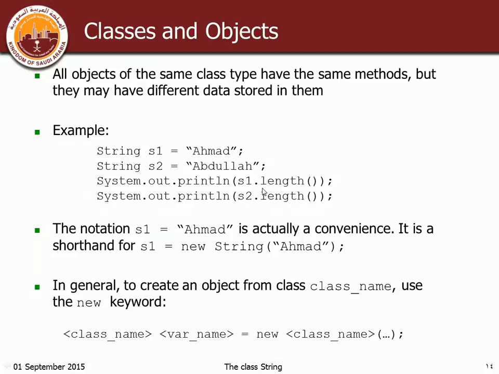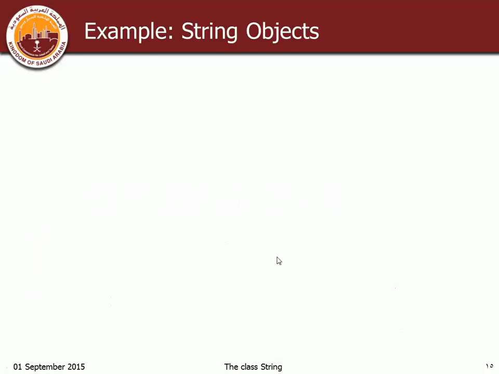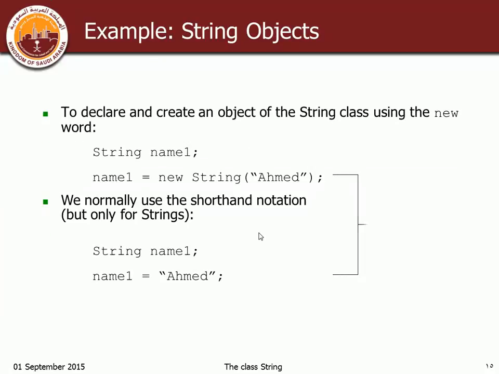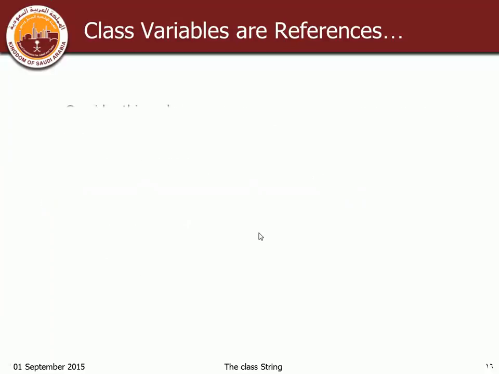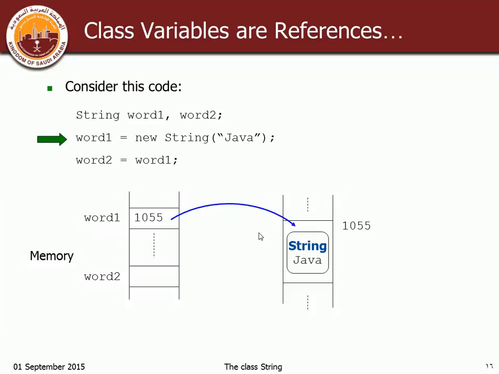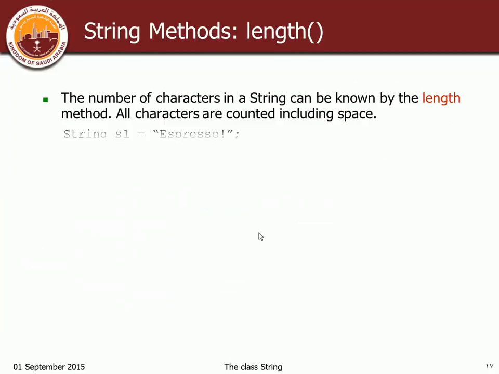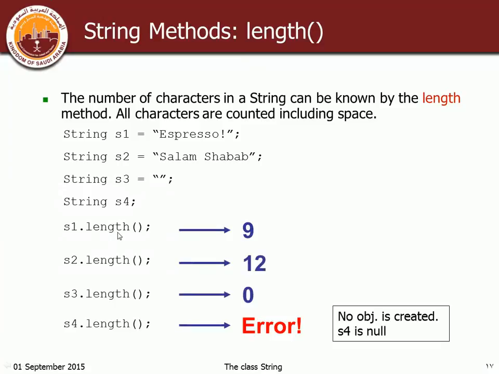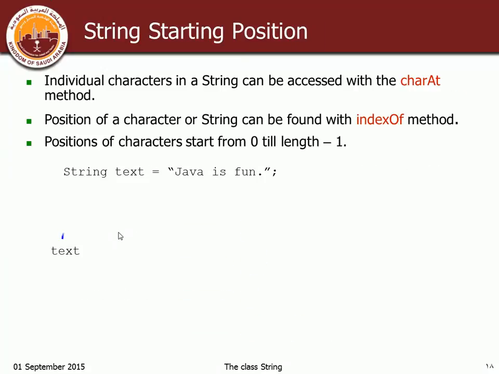It has some tools that allow us to count numbers, to take part of the text, and to do some operations with text. And I invite you to have a look at these slides, especially in the book. Let me see. There are some examples of those methods, like this length, and there are some other methods that we need to use, like index of, char at.